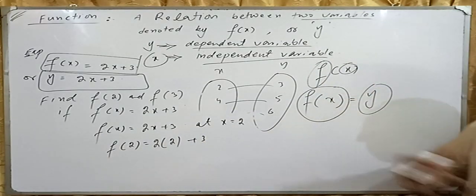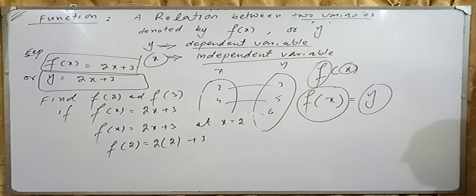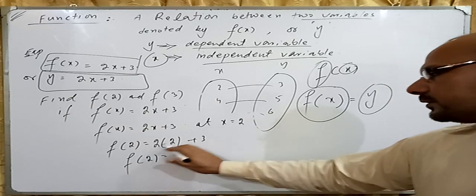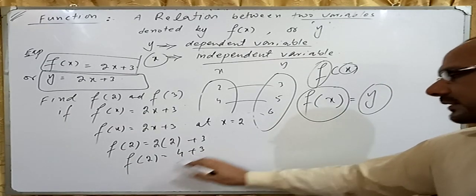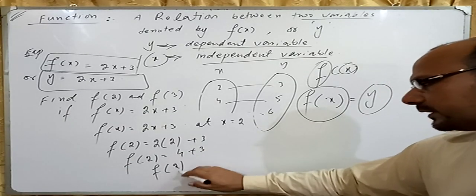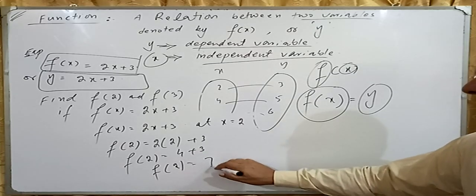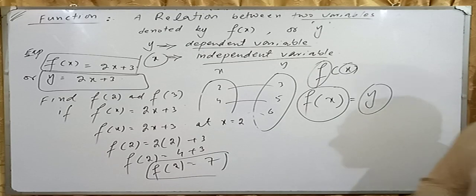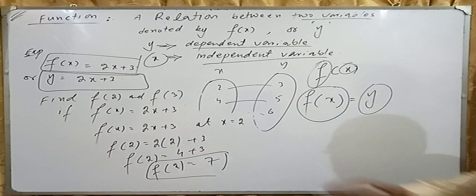We replace the value of x by 2 in the given function. So f of 2 is equal to 2 twos are 4 plus 3, which is 7. So the value of the function becomes 7 if the value of the independent variable is 2.